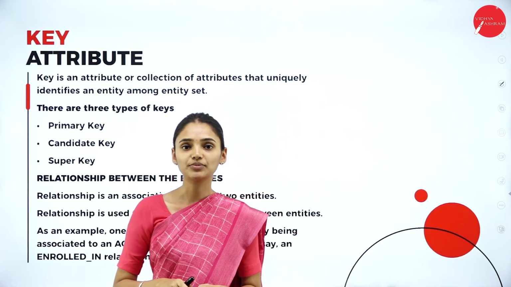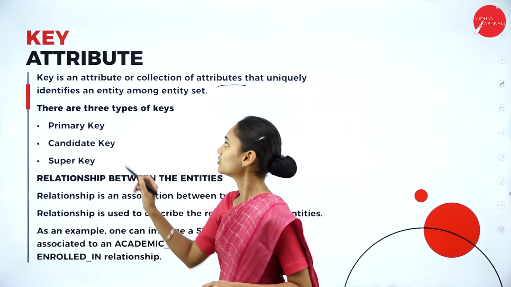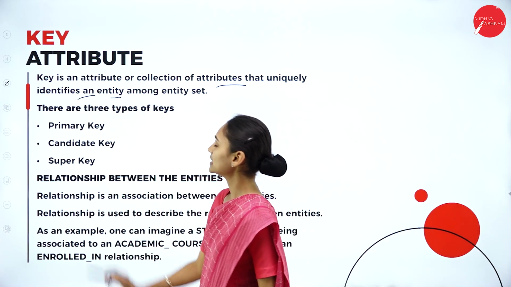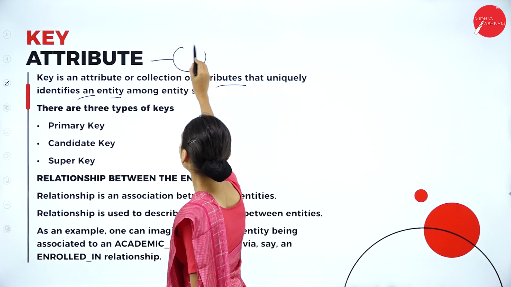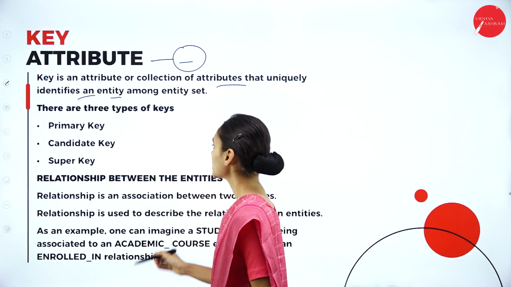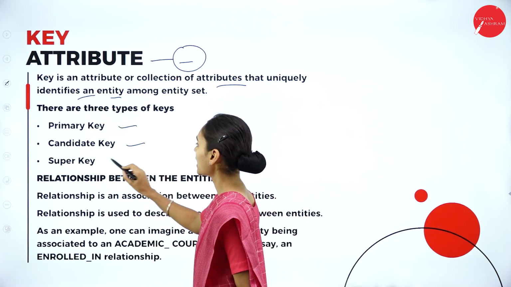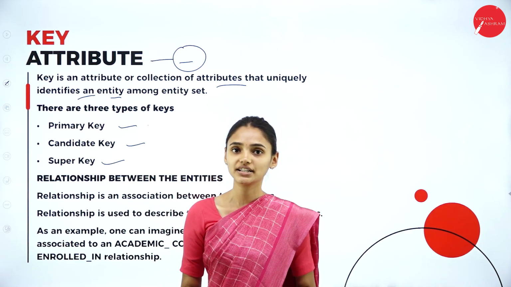Next is key attribute. Key attribute is a collection of attributes that uniquely identify an entity among the entity set, which is represented by oval with underscore. So in that we have three types. One is primary key, candidate key and super key. So primary keys are the key which are uniquely identified.